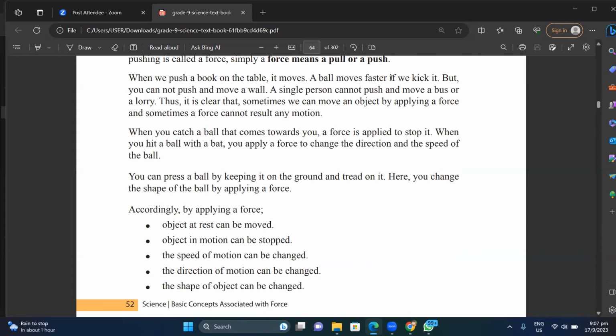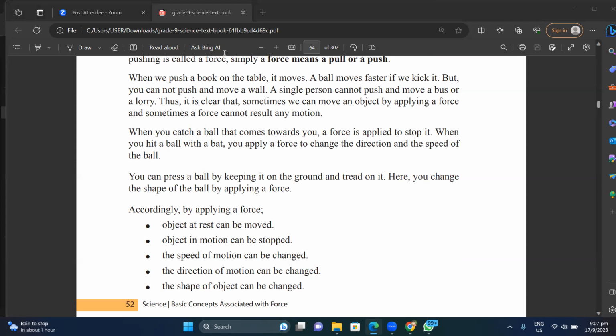Have you seen carom boards or table tennis? By providing force you can change the direction. And if it is a balloon, then we can provide a force to change the shape. So these are the possibilities that you can do with forces.